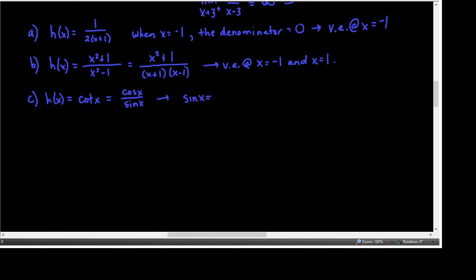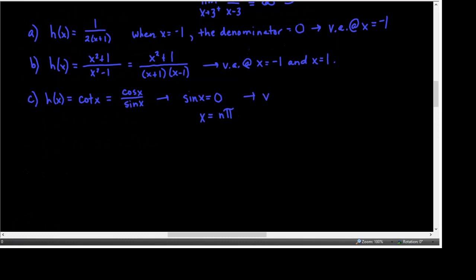So I'm going to solve the equation sine of x equals 0, and those are the numbers for x I cannot use. So if you solve for that, you should get multiples of pi. So 0, 1 pi, 2 pi, 3 pi, 4 pi, negative pi, negative 2 pi, negative 3 pi. All integer multiples of pi are places where this function will have a vertical asymptote.